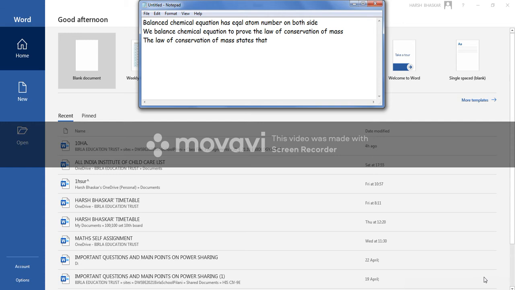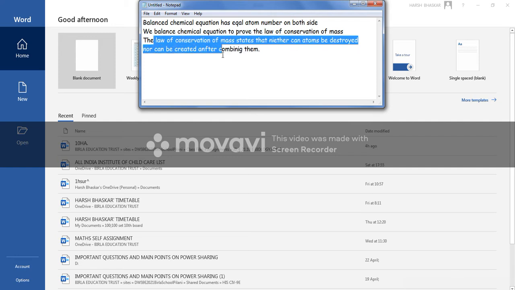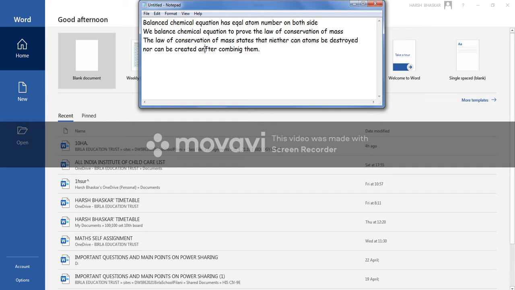The law of conservation of mass states that neither can atoms be destroyed nor can they be created after combining them.